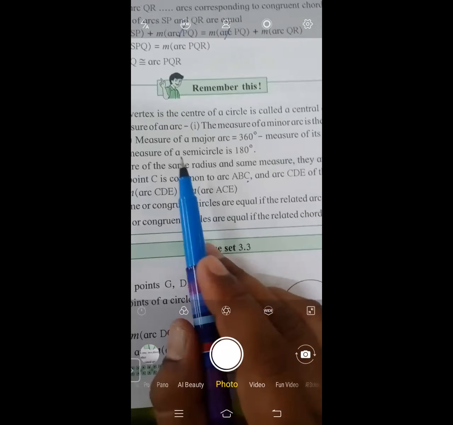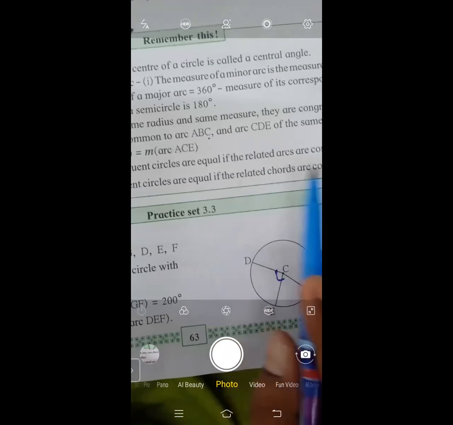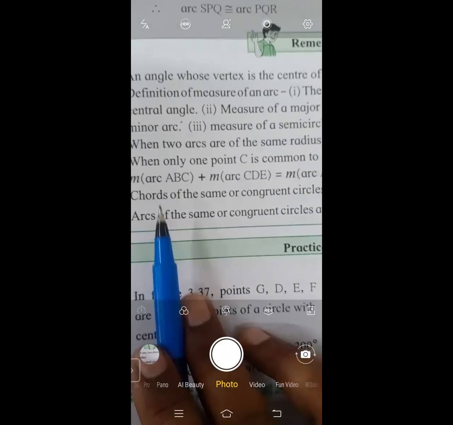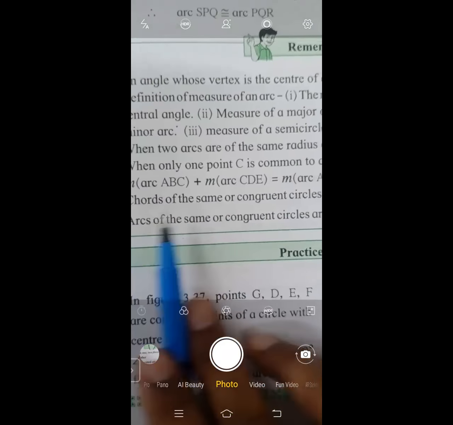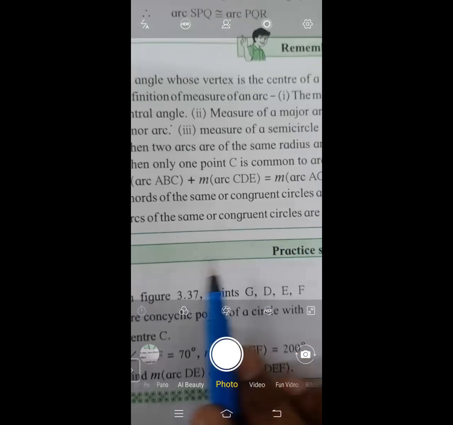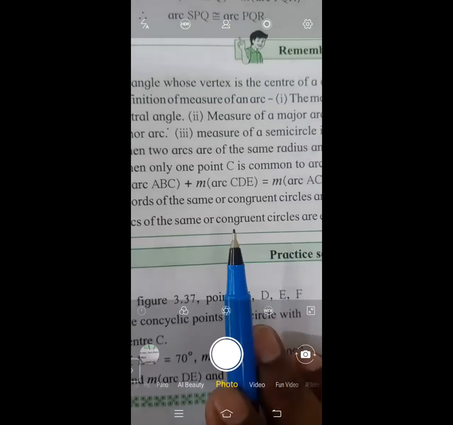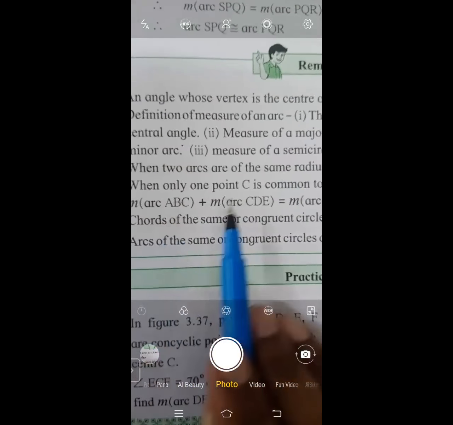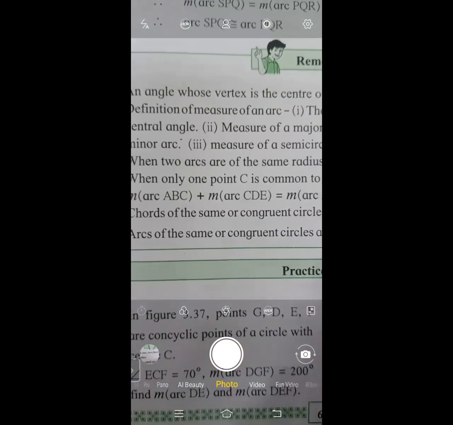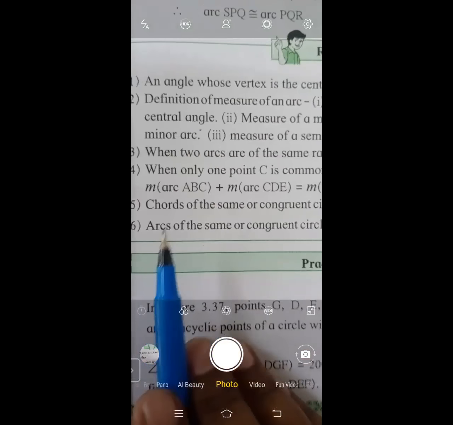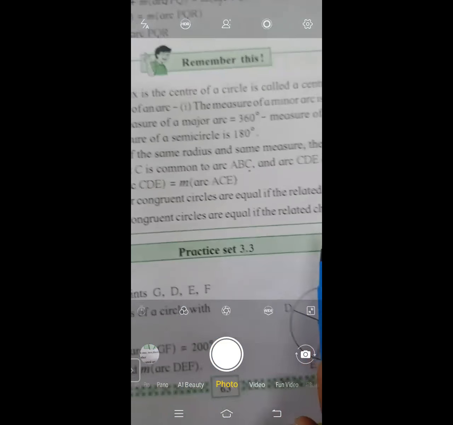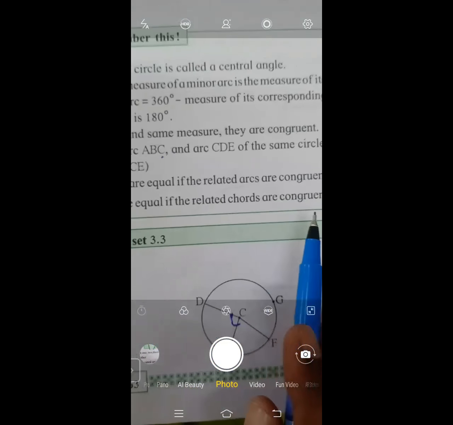We have seen two theorems for this, that is, chords corresponding to their arcs. If the chords are congruent, arcs are congruent. If arcs are congruent, the corresponding chords are also congruent. Arcs of the same or congruent circles are equal if the related chords are congruent.